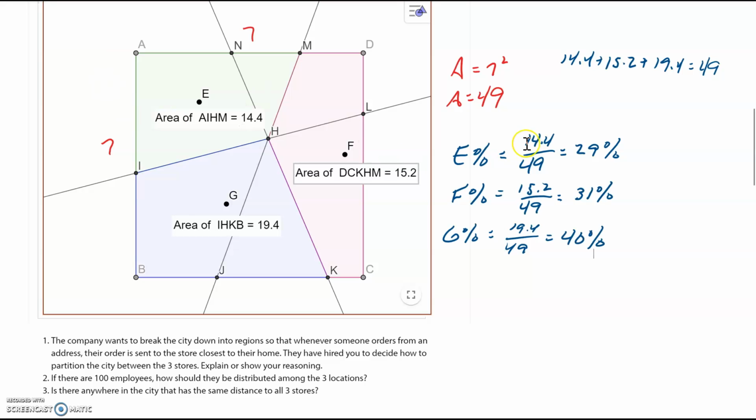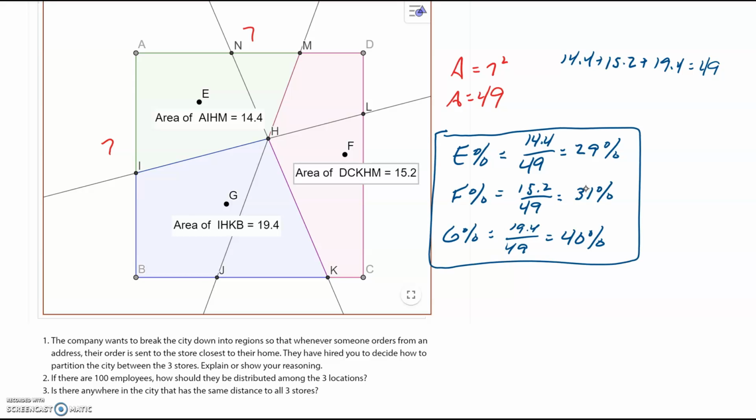Now, make sure that these all sum to 100%, okay? Because the rounding might mean that we have to bump one up, or we might have missed a percentage point. So 29 plus 31 plus 40 does sum to 100%. So these are good percentages.